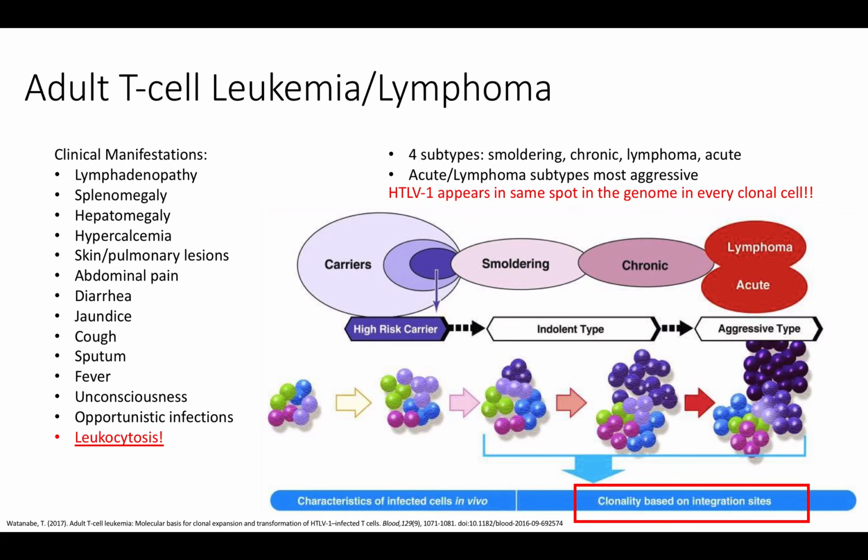However, it's important to note that most people that are infected with HTLV1 are asymptomatic, and they just simply do not know they are infected until they are very sick. They go to the physician and find out that they have this adult T-cell leukemia lymphoma and HTLV1 infection. And then again, HTLV1 appears in the same spot in the genome of every malignant clonal cell.